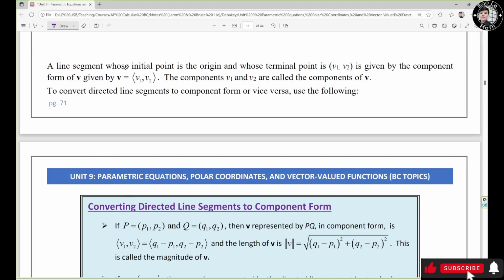Now, a line segment whose initial point is the origin and whose terminal point is (v1, v2) is given by the component form of v, v equals (v1, v2). The components v1 and v2 are called the components of vector v.